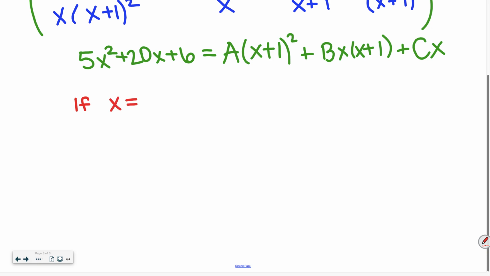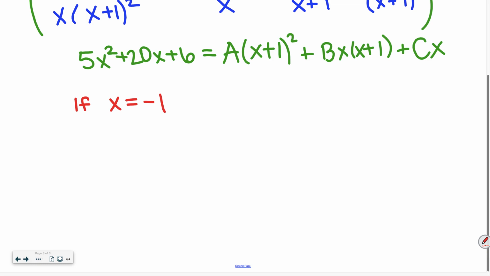Okay, so let's think of some numbers that could help us solve for A, B, or C. I want to encourage you to look for things that make our factors 0. All right, so Mara, what's a number that would make one of these factors 0? Negative 1. Okay, negative 1 is going to make this factor right here 0.